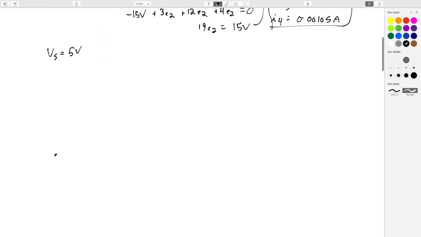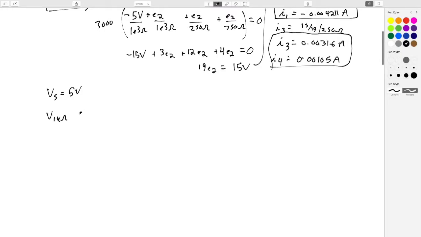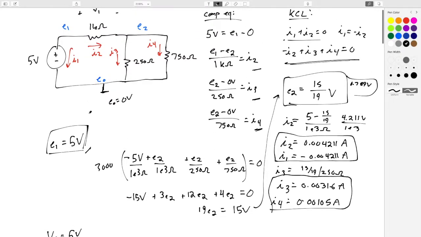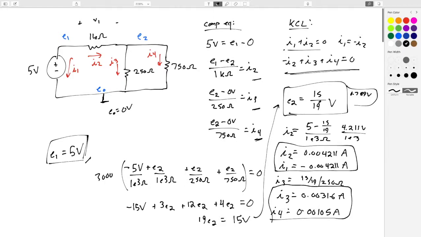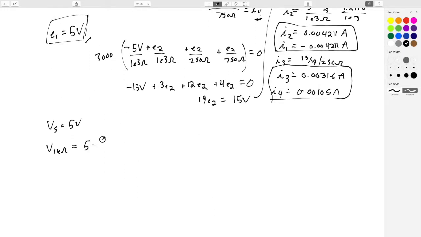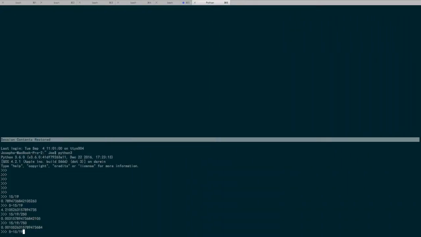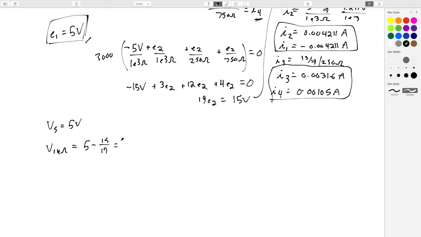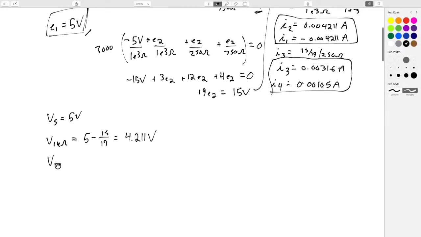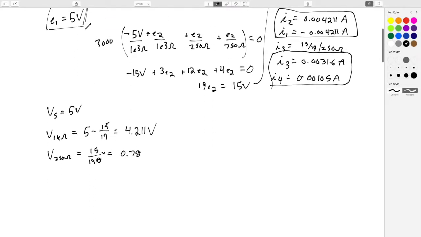The voltage across the 1 kilo ohm resistor equals E1 minus E2, or 5 volts minus 15 over 19, which is 4.211 volts. The voltage across the 250 ohm resistor will equal 15 over 19 volts, 0.789 volts.